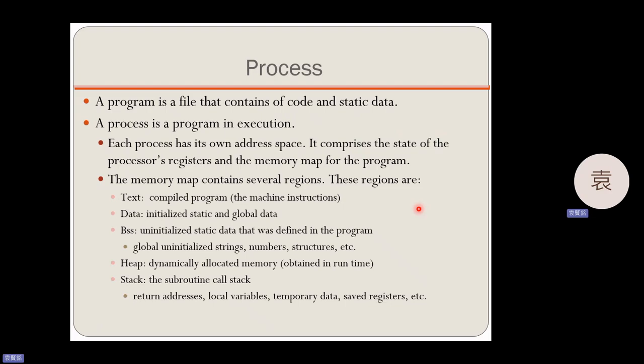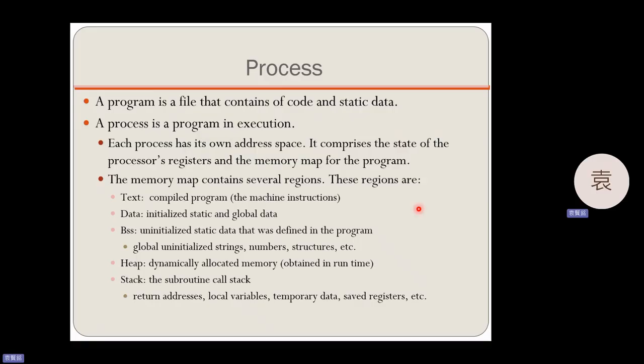This address space contains the state of the processor's registers, for example the current content of the CPU registers when a program is executed, and the memory map, that is, which memory is currently allocated to the particular process. This information we define as the address space of a process.